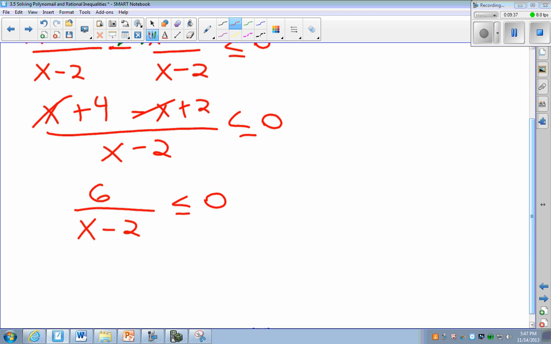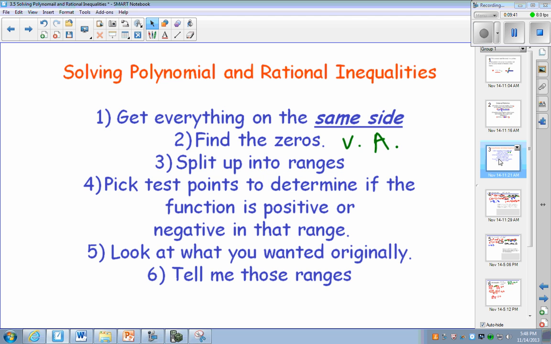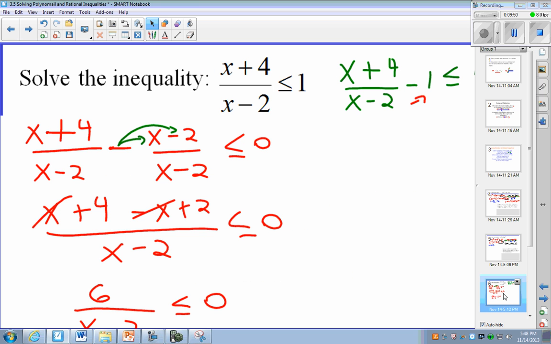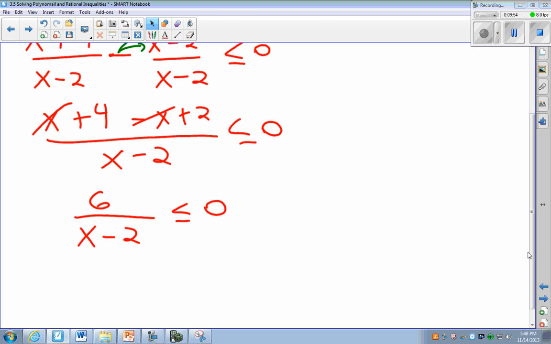Okay, now, in these steps from before, I mentioned that we would also need to find our vertical asymptotes. Okay, if we go back to our example, here we do not have any zeros, but we do have a vertical asymptote.